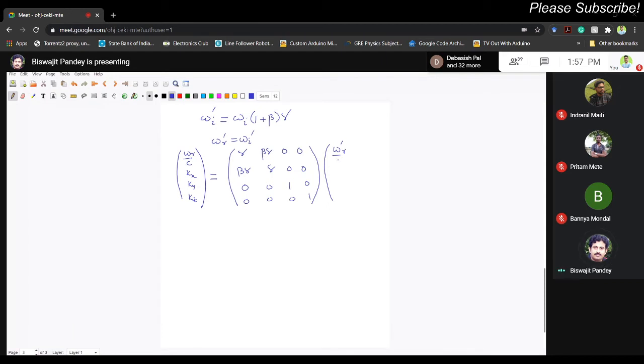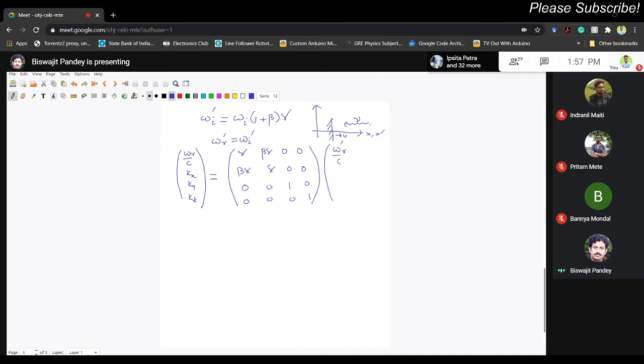And the 4 components of the wave vector in the prime frame, that is the mirror frame: omega r prime by c. This time you see, this time the reflected wave. Earlier, what was the situation? If you remember, this was the lab frame, and the mirror was moving along this x-axis, x or x prime, and the photon was coming from this direction, right?